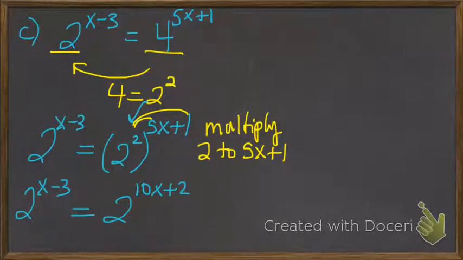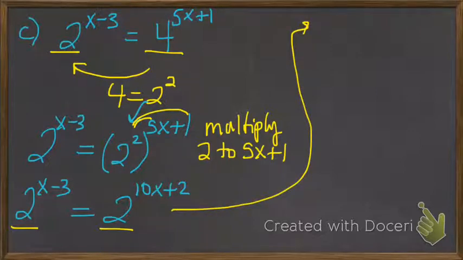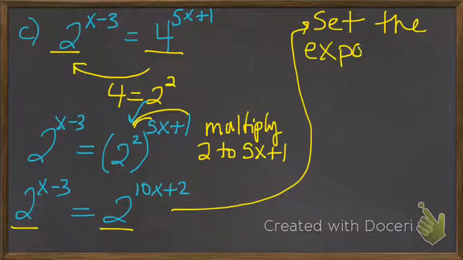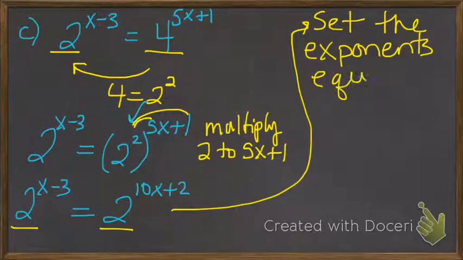Okay, well that's great. We still have to solve for x, but the beauty of this is that our bases are now the same. So because of that fact, 2 and 2, what we can do is, I'm just going to draw an arrow, set the exponents equal to each other.